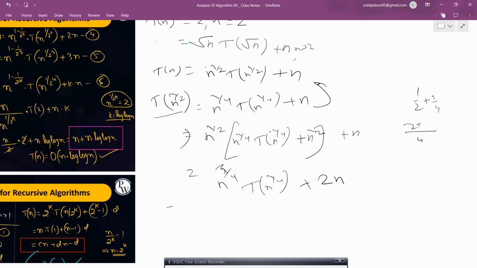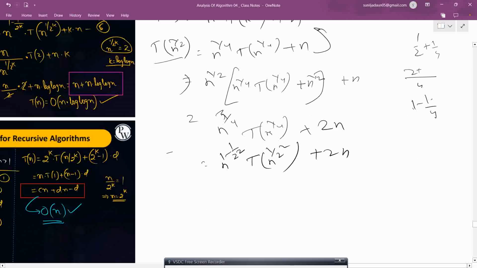We can write 1 minus 1 by 4, or 4 minus 1. So n to the power 1 minus 1 upon 2 square, plus T of n power 1 by 2 square plus 2n, right? So we can write 1 minus k square, or is it 2 to the power k?